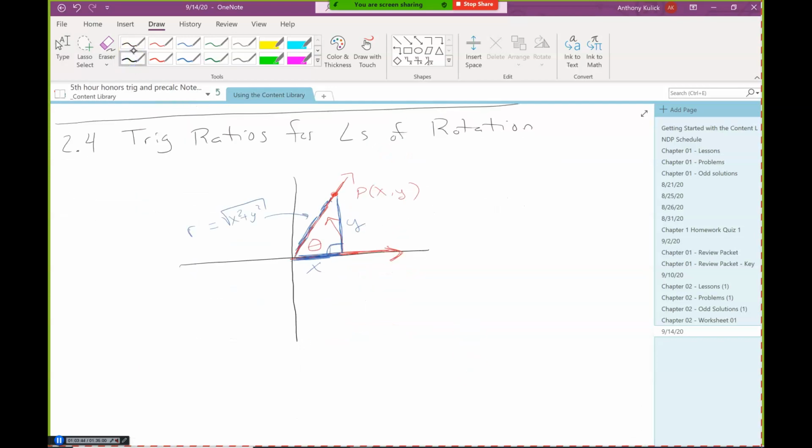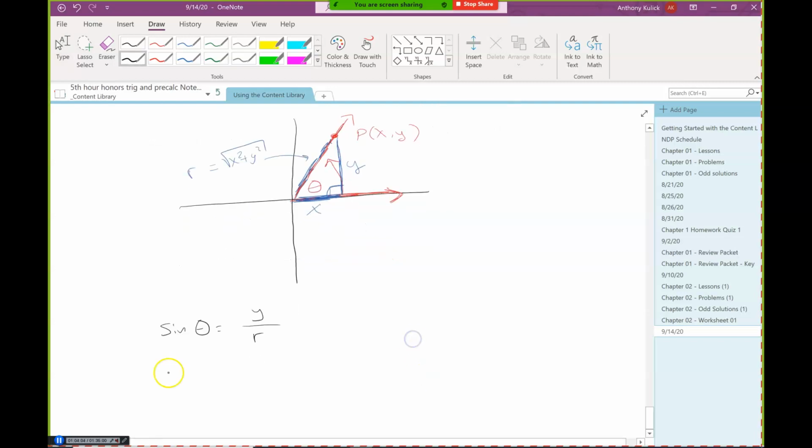So, if I want to calculate sine of theta, well, sine is opposite, which is y, over hypotenuse, which is r. Similarly, cosine theta is adjacent, which is x, over hypotenuse, which is r.